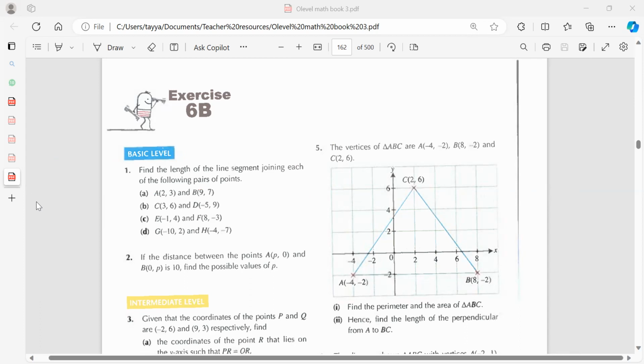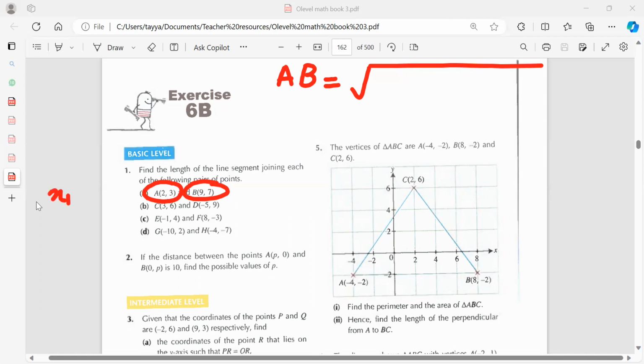We have to find the length of BA or AB. So what formula will we apply here? AB is equal to, we will consider this point and this point. The first point is x1, y1 and the second point is x2, y2, right?